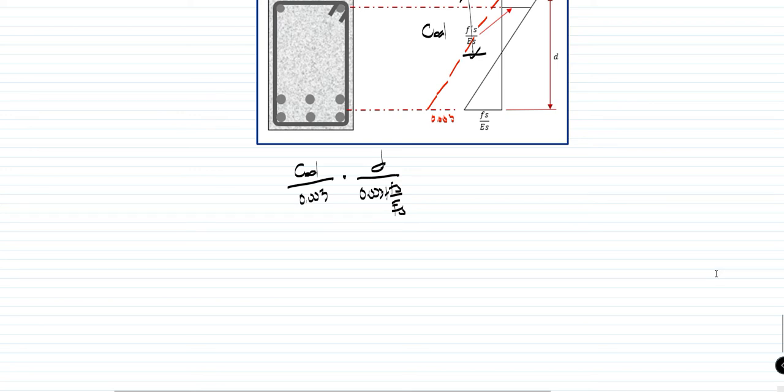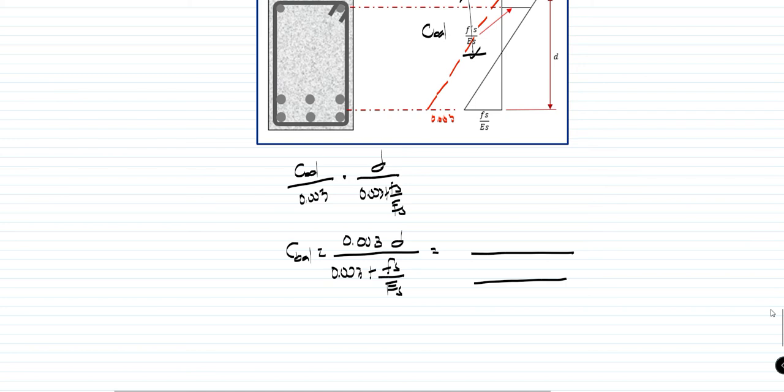C balance is what we need to find, so we retain C balance here, and we will have 0.003D over 0.003 plus Fs over Es. From here, we know we can make the denominator over Es, where Es is 200,000.